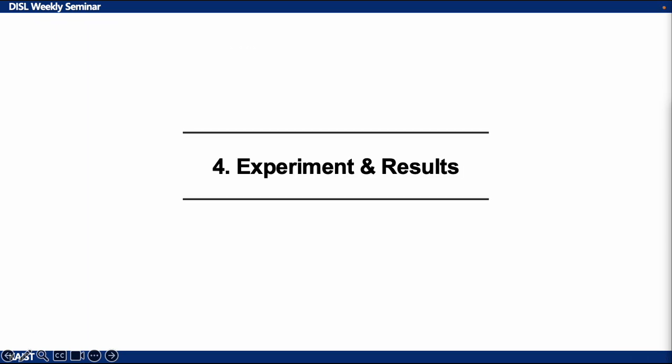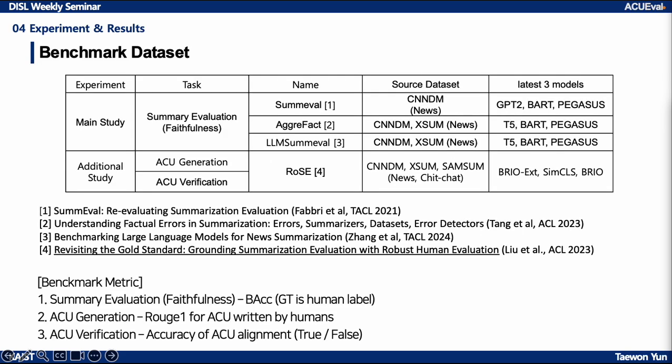So let's check how much these simple prompts and the concept of ACU help by reviewing the experiment results. The table in this slide summarizes the main experiment from the paper. You can check balanced accuracy across summarization evaluation benchmarks.